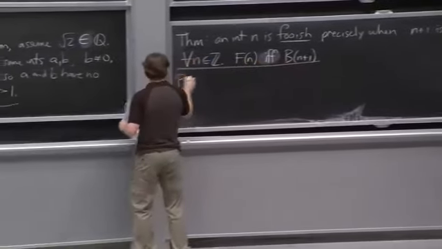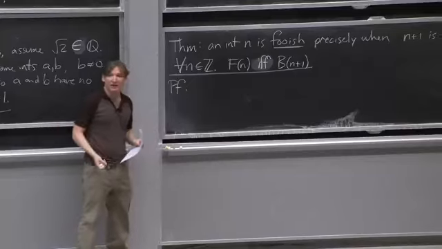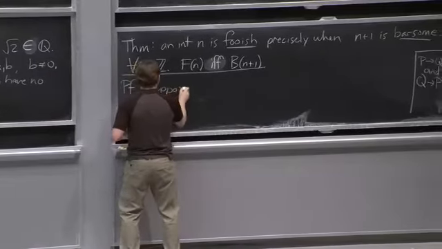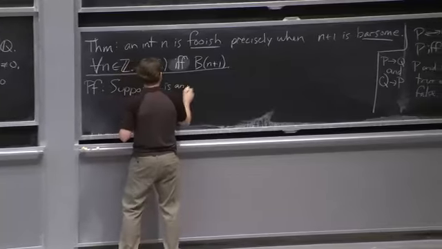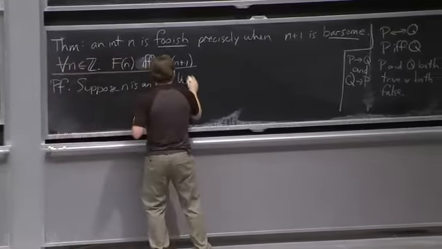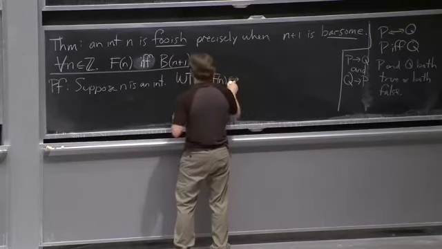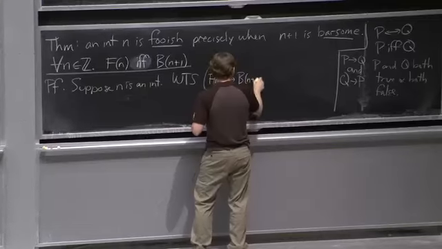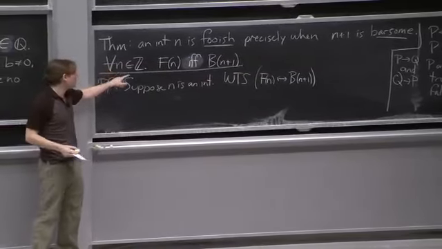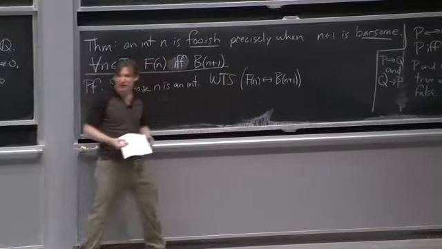Let's prove it. Proof. OK. The theorem starts with a for all. I know how to handle a for all. Suppose n is an integer. We want to show F(n) if and only if B(n plus 1). That was one of the first outlines we talked about. If you have a for all, you introduce a generic n, and you want to show the property for that n.